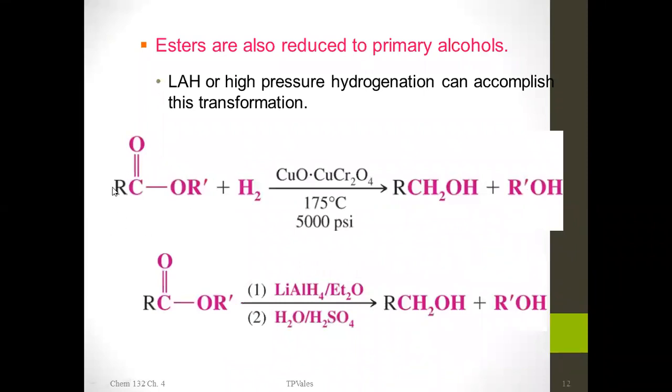So other than carboxylic acid, it can be done with esters, using lithium aluminum hydride or high pressure hydrogenation to accomplish that transformation. So let's say you have your ester here, you have your lithium aluminum hydride, and of course your H2O, H2SO4, you actually get your RCH2OH.